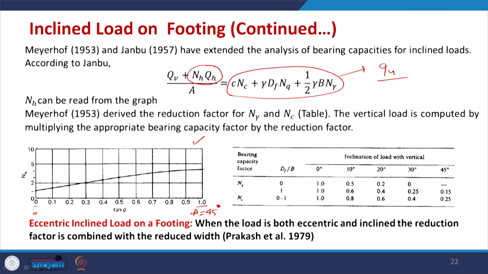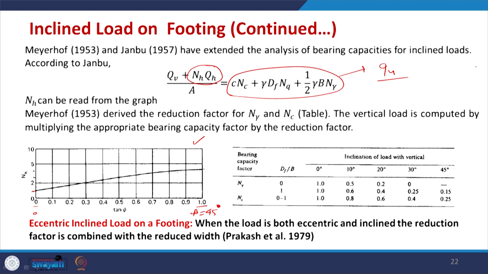Here you have 2, 5, 10. So, the value of NH varies from almost 1, when phi is 0, to around 4 or so. We can read the value of NH from this chart, put it in this equation, get the left-hand side and find this.